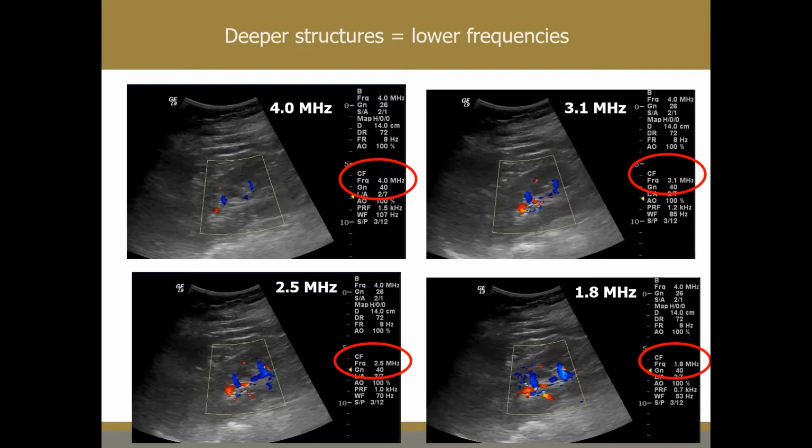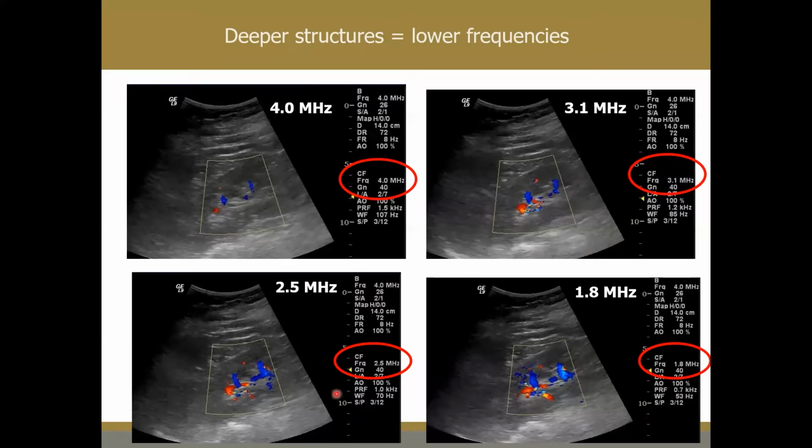So you can see here in the upper left-hand corner, with the use of a 4 megahertz probe or frequency, it's difficult to appreciate the color of this renal. Here we can see the renal vessels at 3.1 megahertz, a little bit better with color.